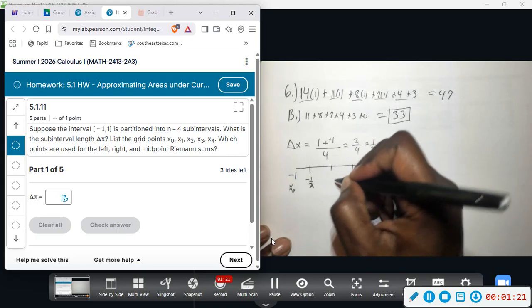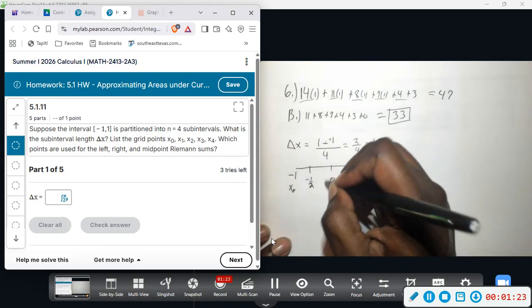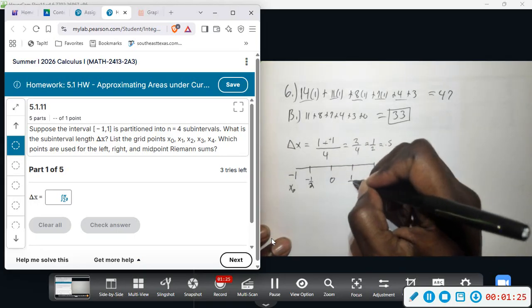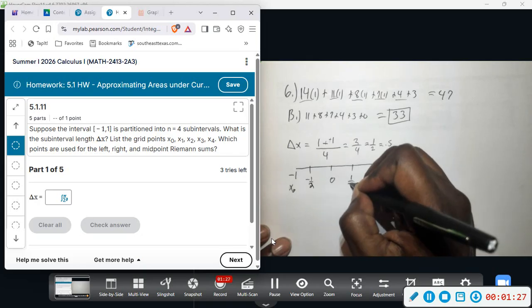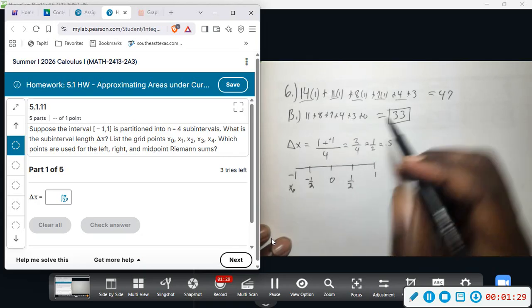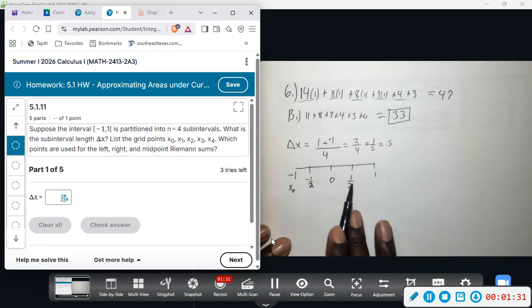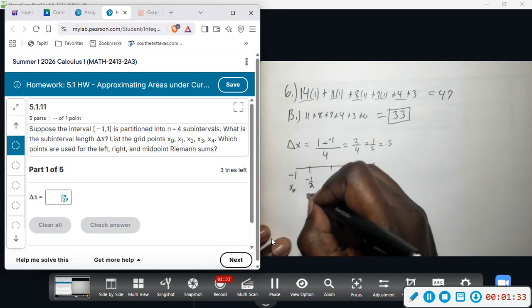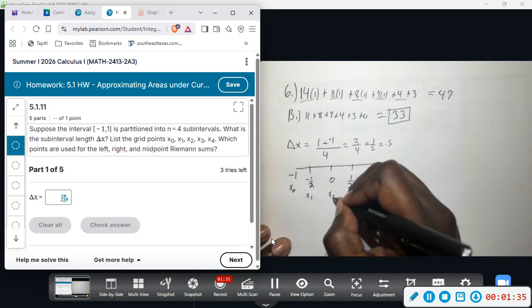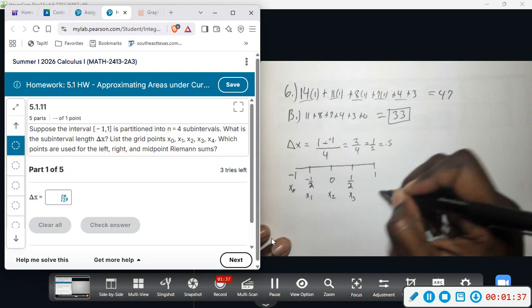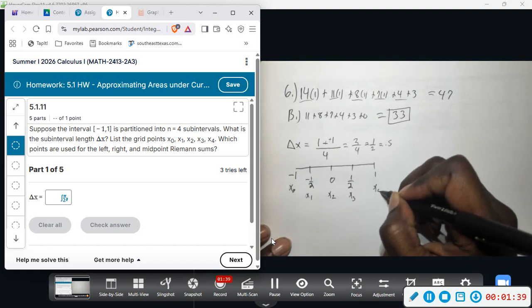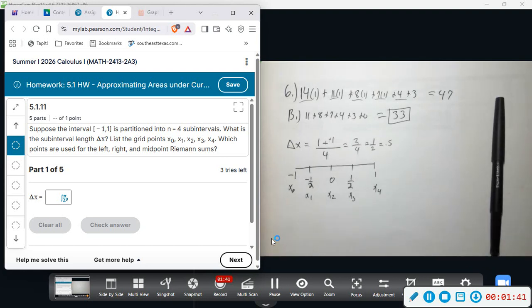And then if I add another half, I would end at 0. Add another half, I would end at a half. And then add another half, I end at 1. So this will be 1, 2, 3, 4, or 5 pieces. This will be our x1, x2, x3, and x4. So the change in x is a half.